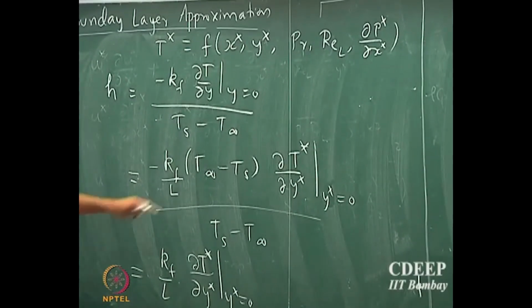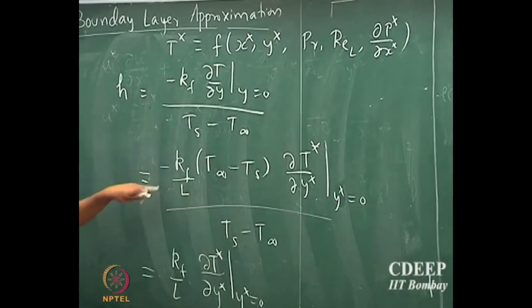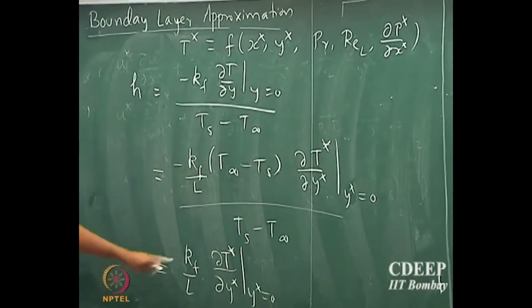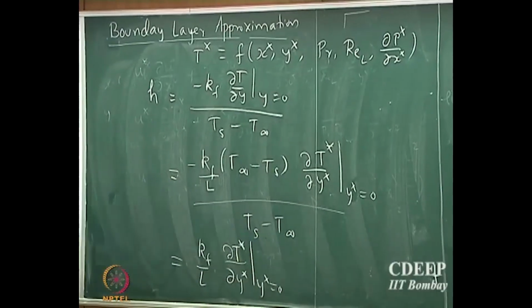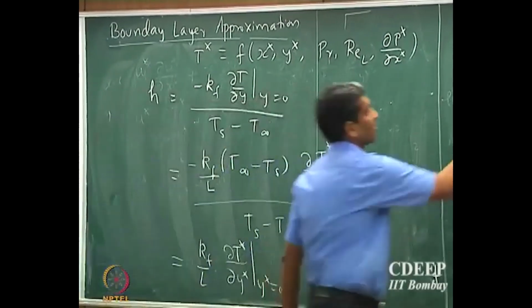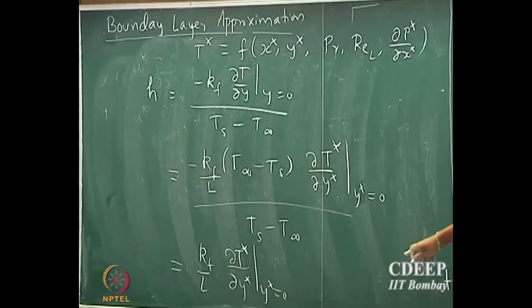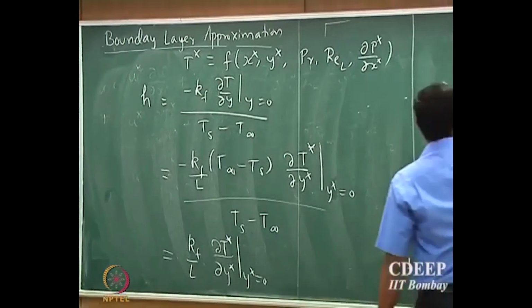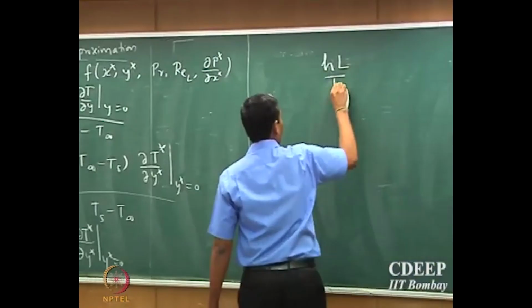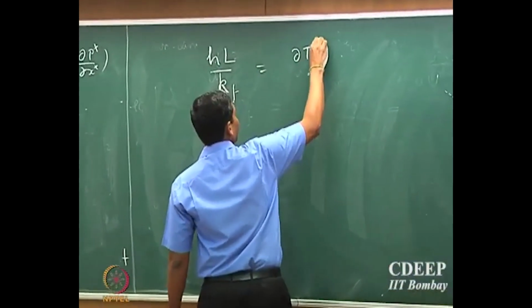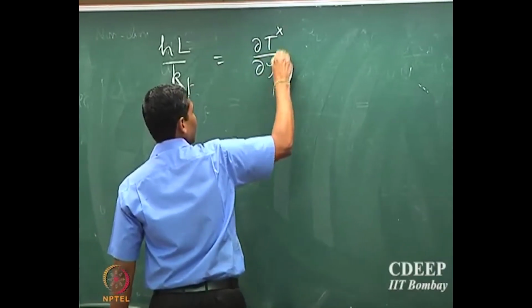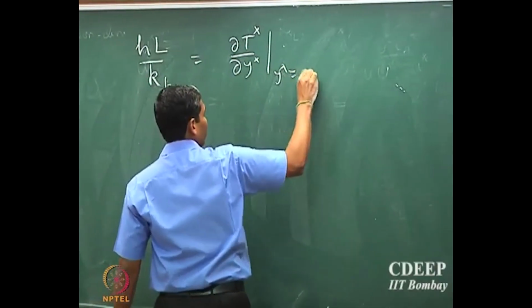Okay, all I have done is cancel out these two terms and pull the minus sign inside, and so there will be kf by L into dT star by dy star. So this equation we can now rewrite as h into L by kf equal to dT star by dy star at y star equal to 0.